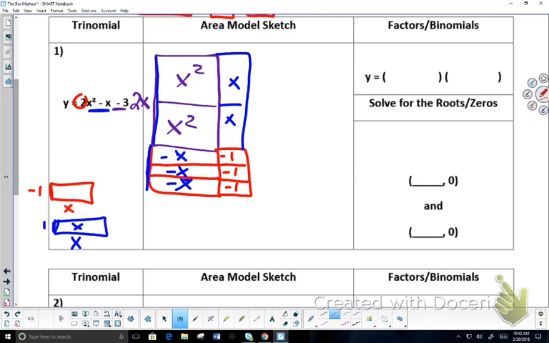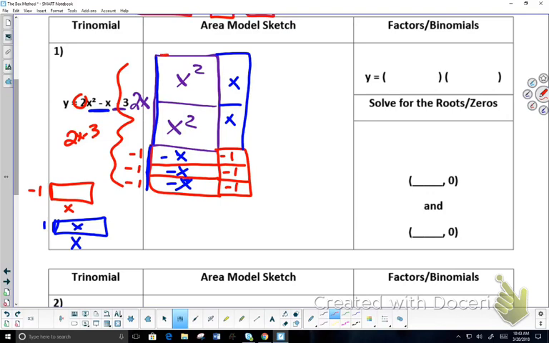So no, it's not negative 3x. This is negative 1, negative 1, and negative 1. So I got 2x minus 3. So this whole side would be 2x minus 3. How long's that side?